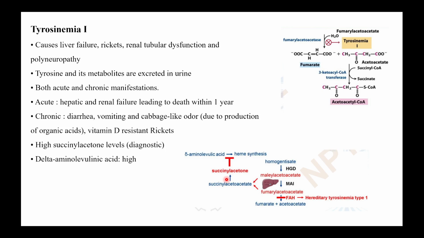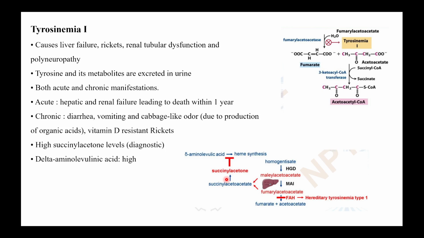Due to the increasing level of fumaryl acetoacetate, eventually succinyl acetoacetate will increase, and this can be easily diagnosed. So if in a patient sample the levels of succinyl acetone are high, then the patient is diagnosed with tyrosinemia type 1.